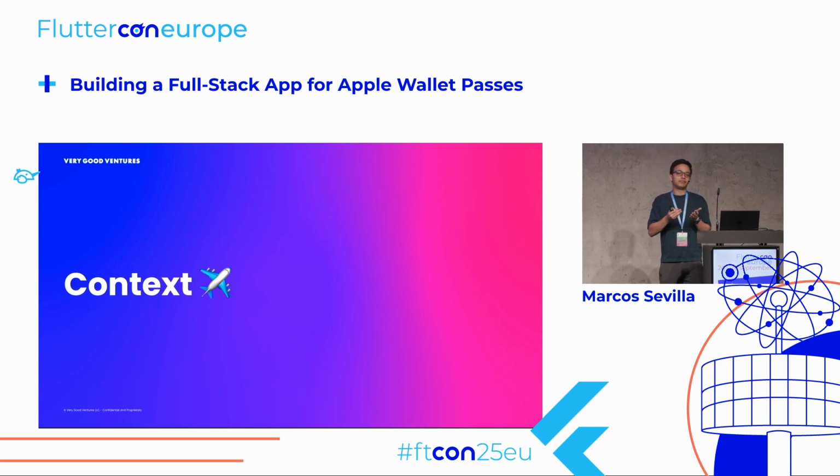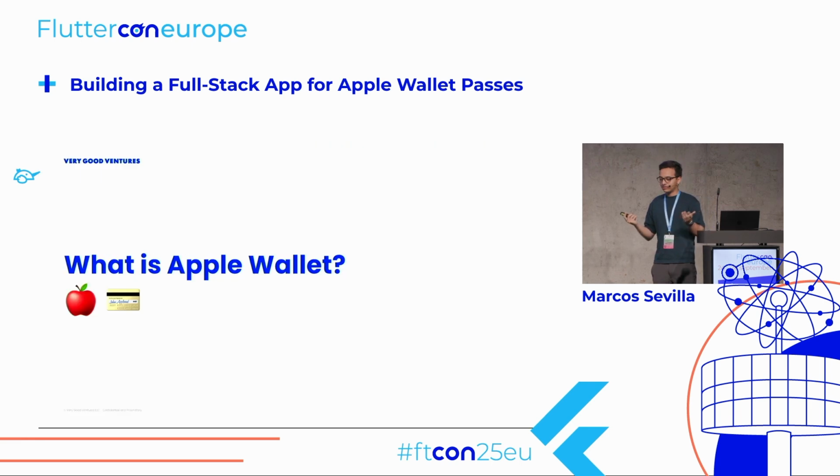There are native packages that just call the native add-to-wallet button and things like that, but I wanted something better. I like Dart, so I don't like to just call a native method. And I needed things like models, for example, to model the passes, change the properties, and things like that. So that's pretty much the context.